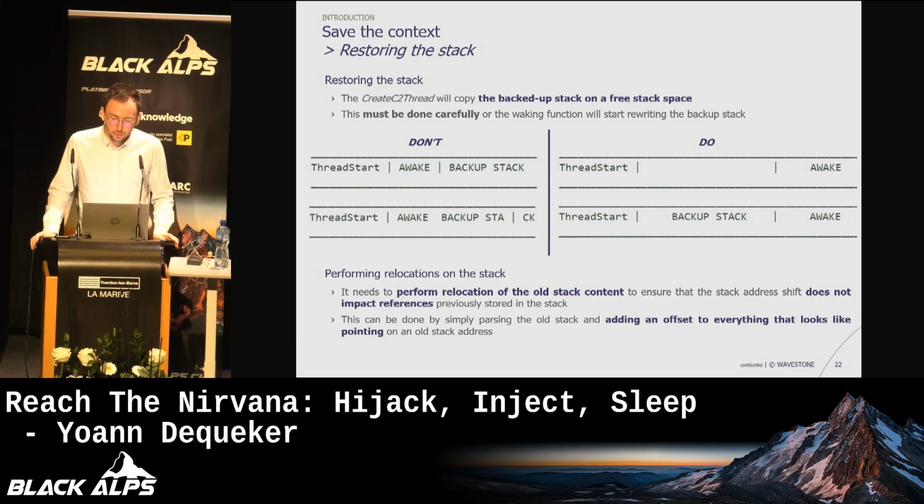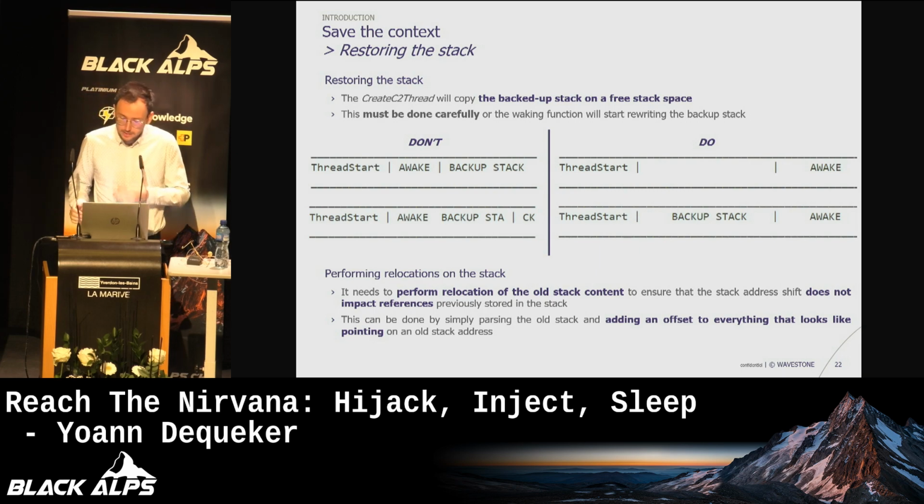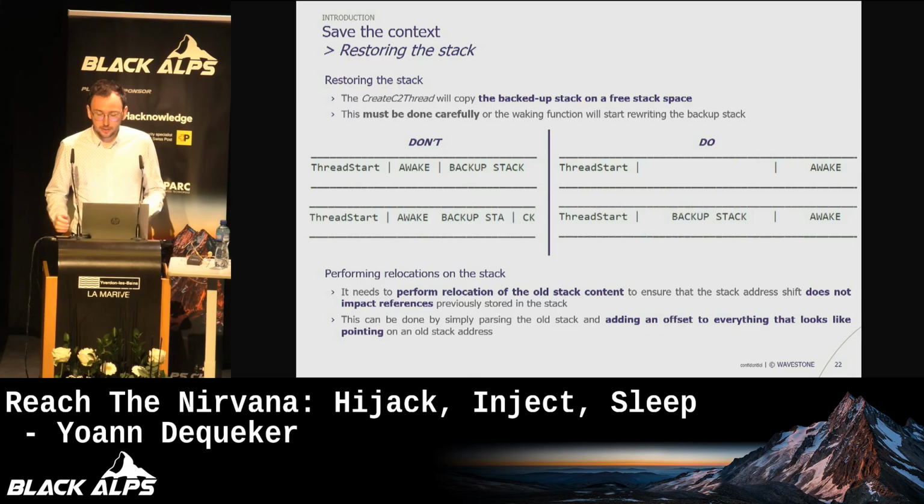So what you have to do is start your thread and copy your backup stack between the thread start stack address and the awake stack address. This allows the awake function stack to grow without deleting any data. So after this, you have successfully copied all your backup stack in memory.